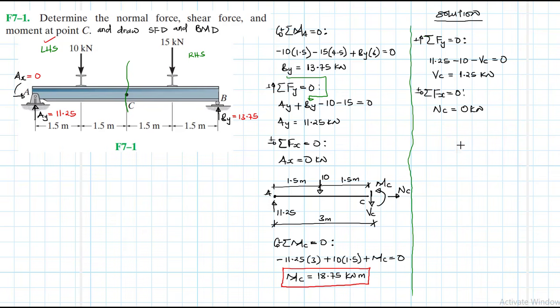MC equal to 18.75, VC equal to 1.25, and normal force NC equal to 0. But we'll go further to just draw the shear and the bending moment diagram.